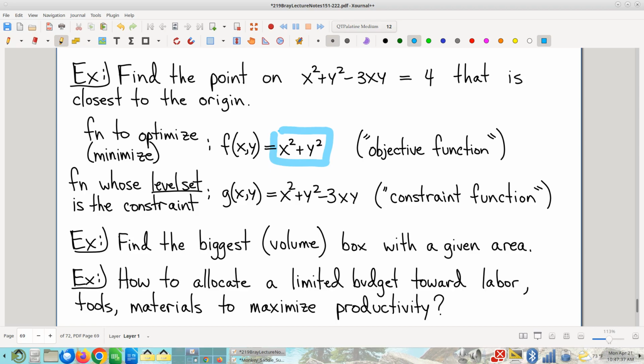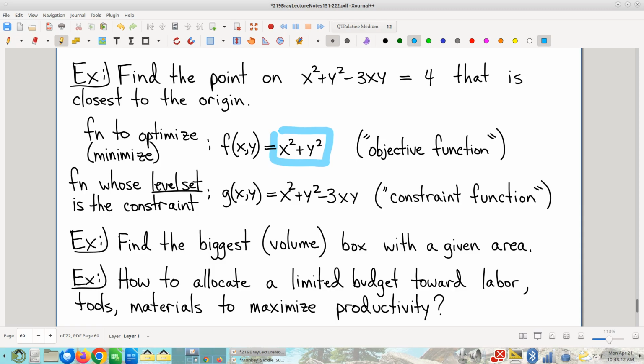If you have 2 points and one of them has a shorter distance, it's also got a lesser distance squared. This is kind of 2 different ways of saying the same thing. I don't really care that squaring the distance sort of distorts that value. I'm just looking to minimize something, and so as long as what I do to my objective doesn't change where the minimum is, yeah, it's all good. Go ahead. So, a handy little trick there.